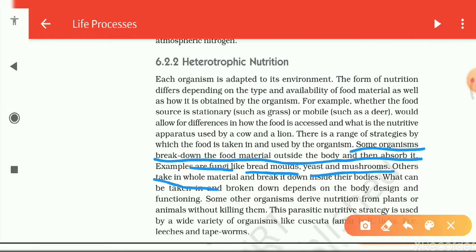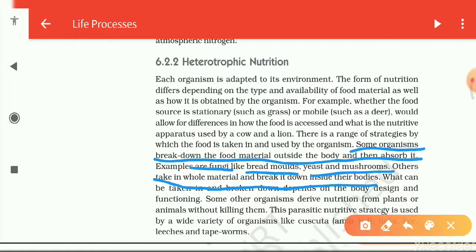Students, this line indicates holozoic nutrition. Holozoic nutrition is that in which organisms take in the whole food. And when it goes inside our body, it is broken down into a simpler form or into small pieces inside our body.